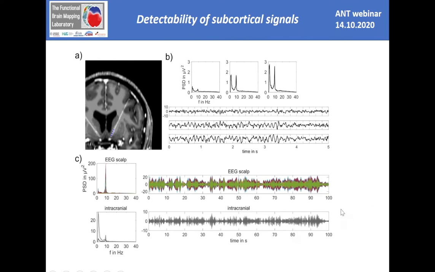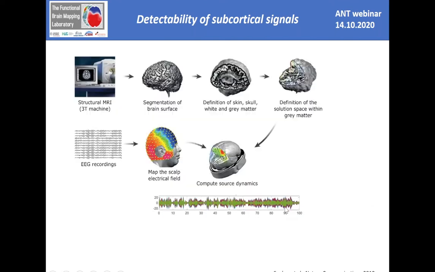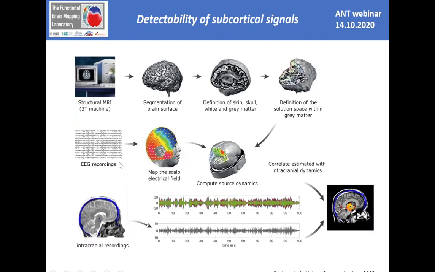After these observations, we of course did source localization. On one hand, we looked at the non-invasive data only. We did source imaging, so non-invasive source modeling, using only the non-invasive data and reconstructing the waveforms for all solution points covering the whole gray matter. Then there is a second source of information in the study, the intracranial recordings.